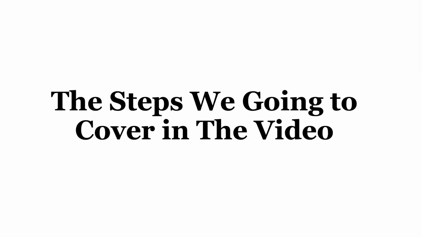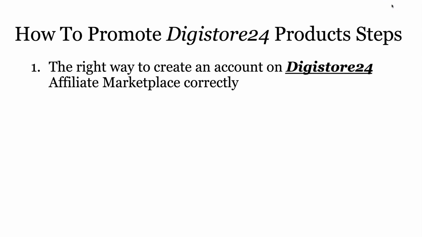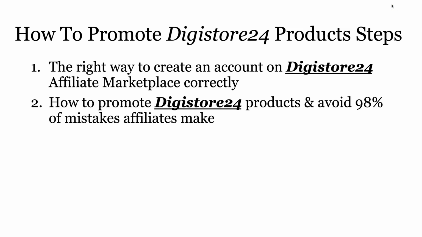All right, here are the steps we're going to cover in this video. We're going to talk, of course, about how to promote Digistore 24 product steps. Step number 1. The right way to create an account on Digistore 24 affiliate marketplace correctly. Step number 2, how to promote Digistore 24 products and avoid 98% of mistakes affiliates make.